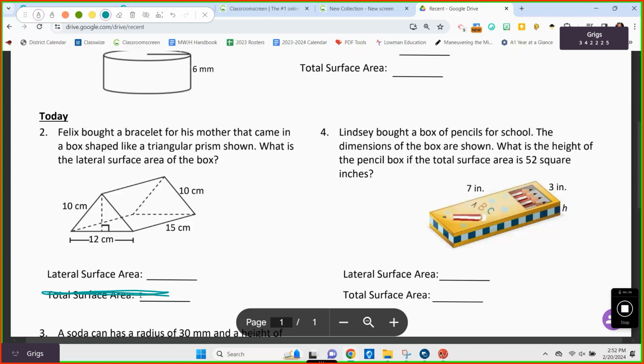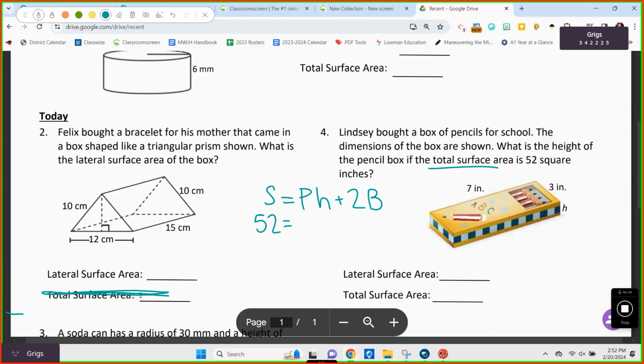I'm going to set you up and then let you go. Rectangle. Alright, so if I'm given total, what's the total surface area formula? 2 ph plus 2b. Alright, and it tells me the surface area is 52, correct? Yeah. So I'm going to plug that into the S, the total spot.